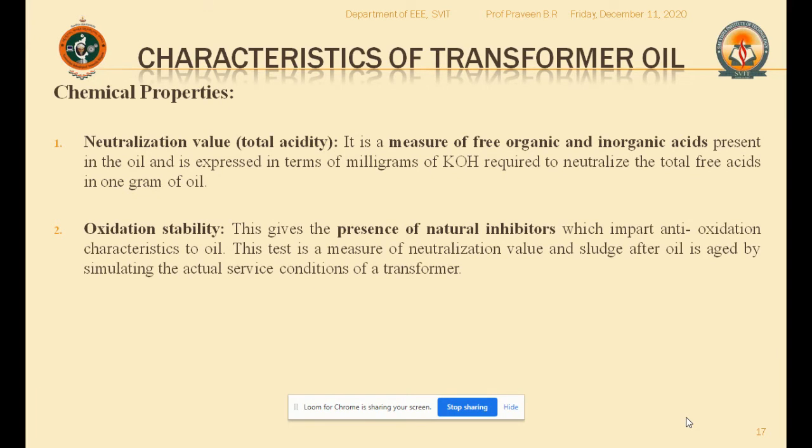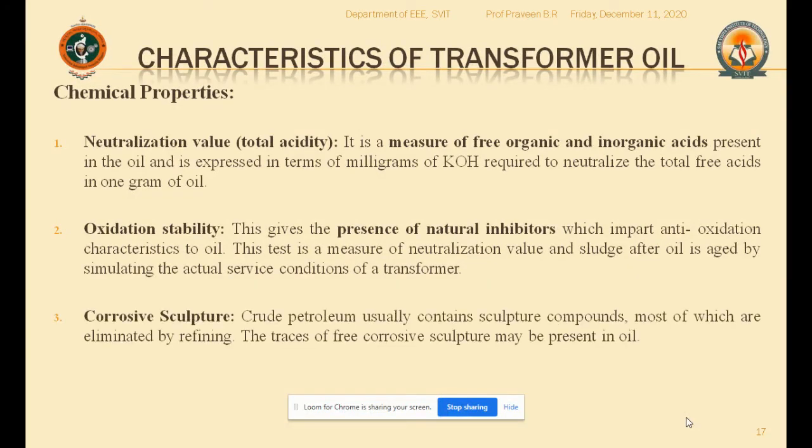Oxidation stability. It is nothing but the presence of the natural inhibitors which become a part of antioxidation characteristics of the oil. So you should make sure that no sludges are formed when the oil gets aged. Hence, you have to keep it intact. And the third and the last point is the corrosive sulphur.